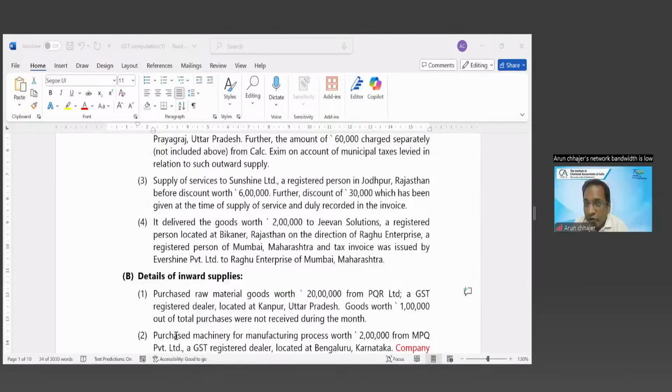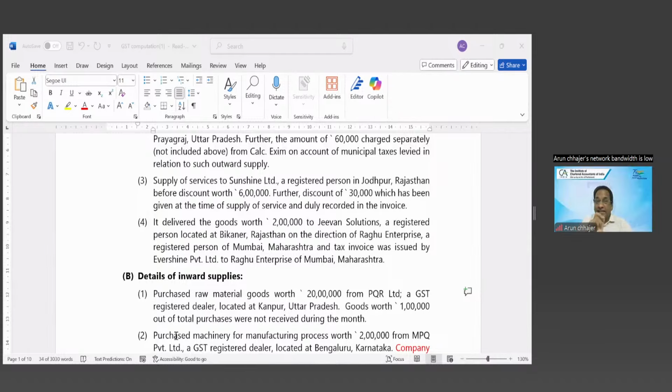Or will you not allow the ITC at all? Absolutely correct. If it is a single invoice, then I will not allow any ITC.